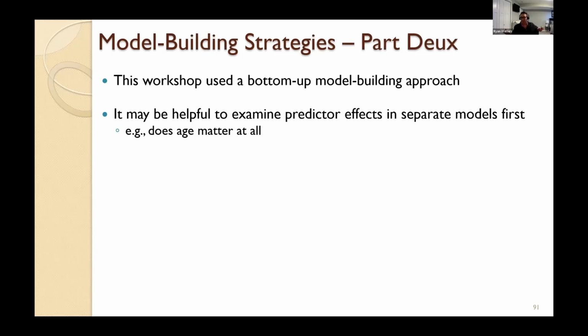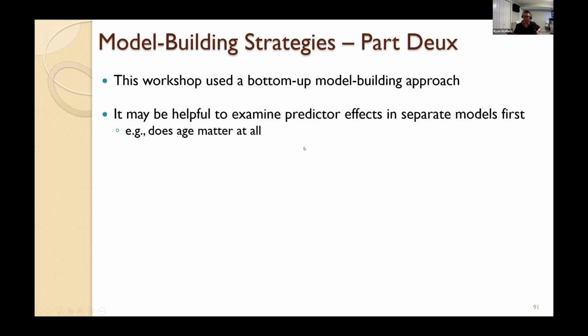There is a top-down model building approach where you can throw everything into your model and then systematically remove effects. I'm not here to tell you which way is best. I can wrap my head around a bottom-up approach much easier than a top-down. Plus, I think it makes more sense to systematically build your model going up because you can see what improves the model and what doesn't.